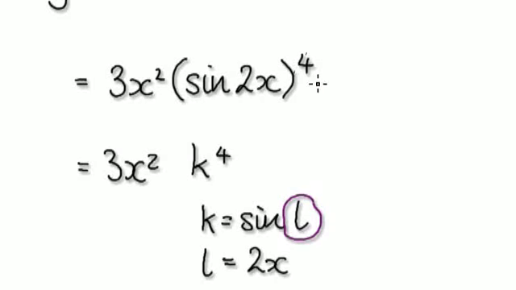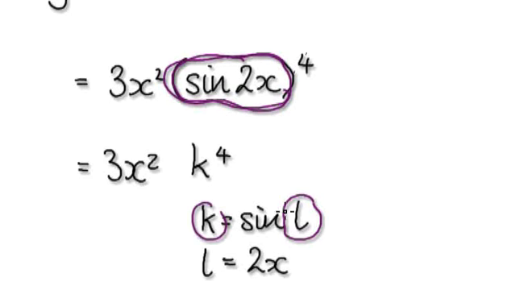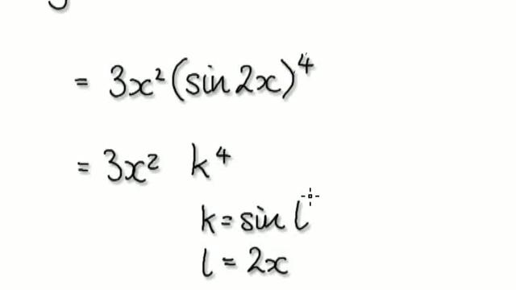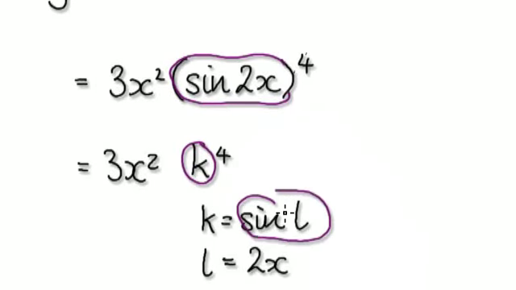So k is a sine, and then this 2x here, visualize that as another bubble, L. I know it's quite confusing. It's a function within a function within a function. So visualize this thing as k, but then k is sine of L, and L is 2x.